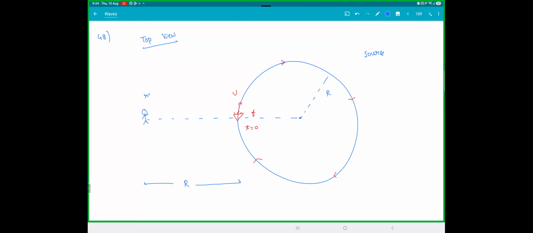Observer is just standing there. Find the time interval between maximum and minimum frequency.